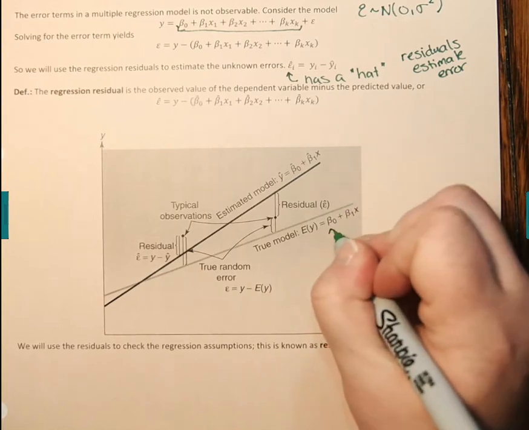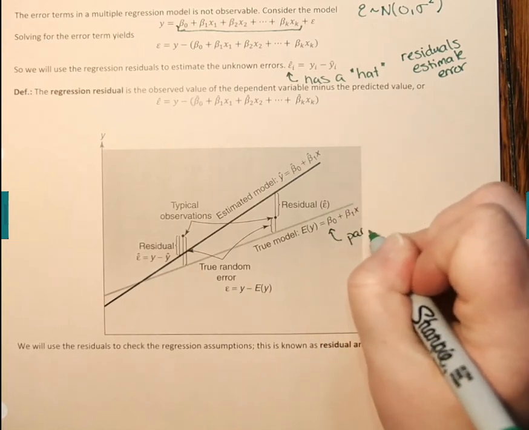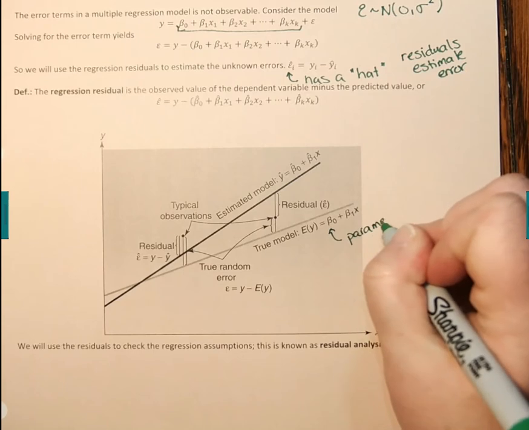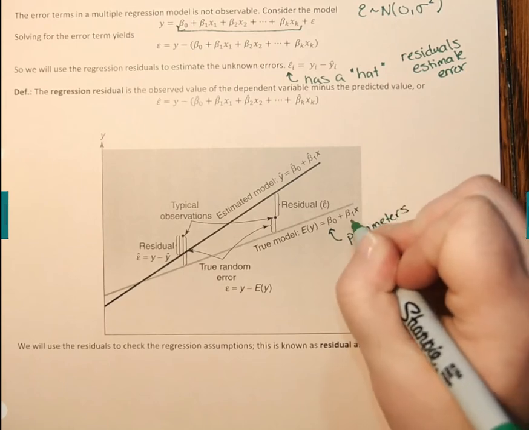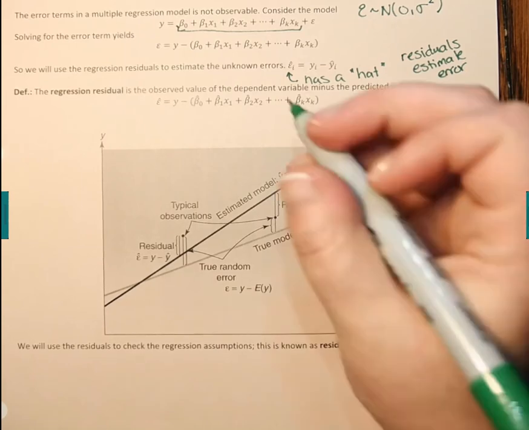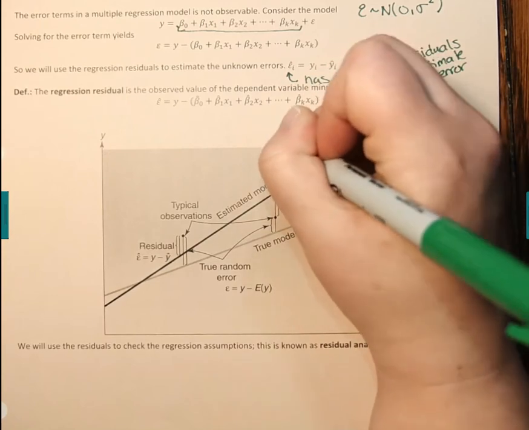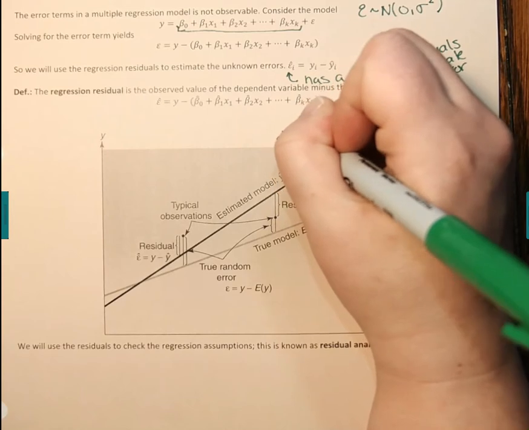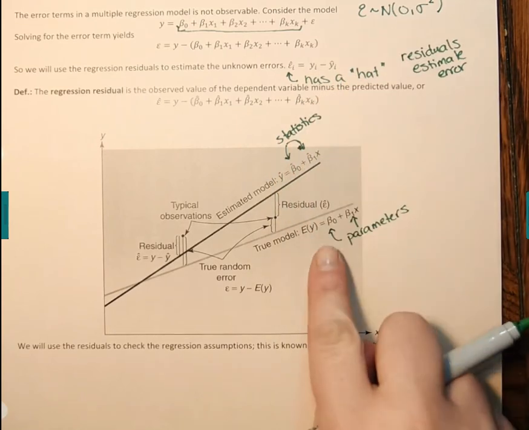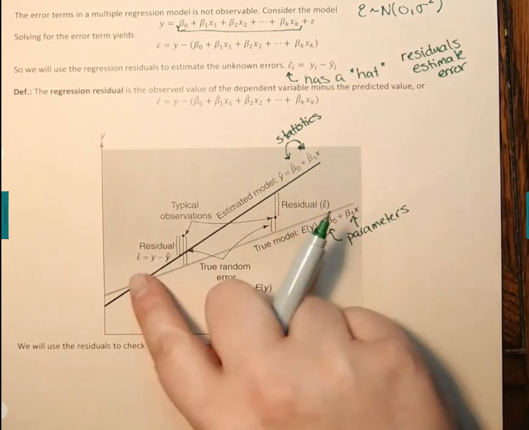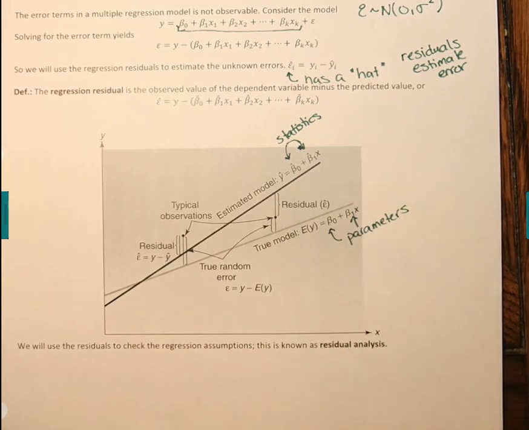Notice these are parameters, the beta naught and the beta 1, whereas the beta hat naught and the beta hat 1 are statistics. This is the unknown truth, and this is our estimate we found based off of our sample information.